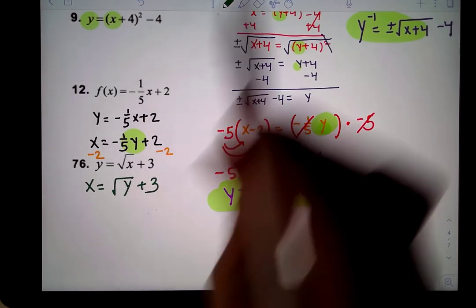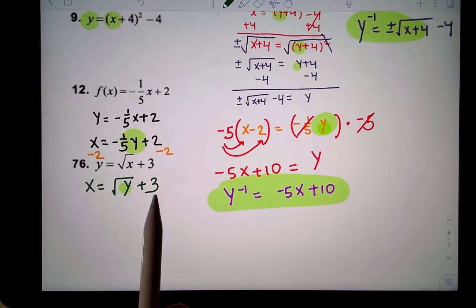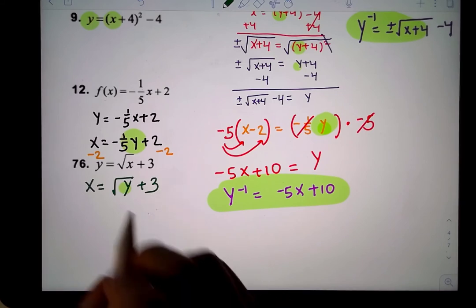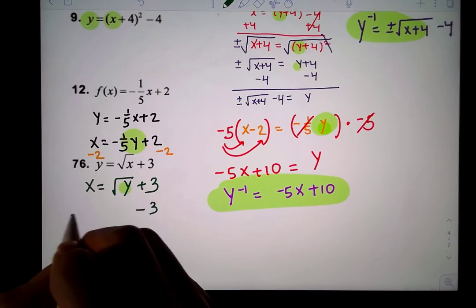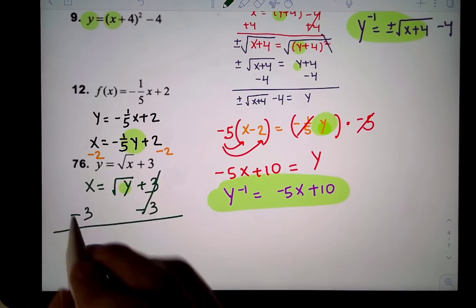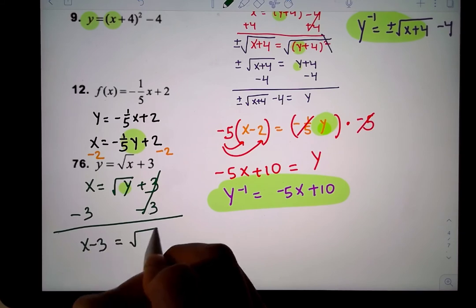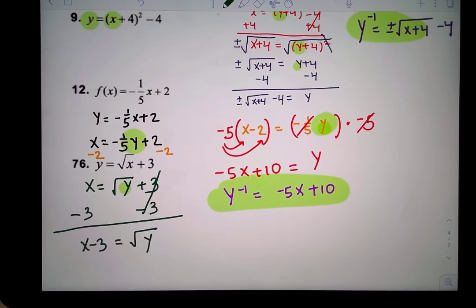And then you solve for y. So get rid of this 3. Plus 3, what's the opposite? Minus 3. So you do minus 3, minus 3. Cancel. Then you get x minus 3 equals square root of y.